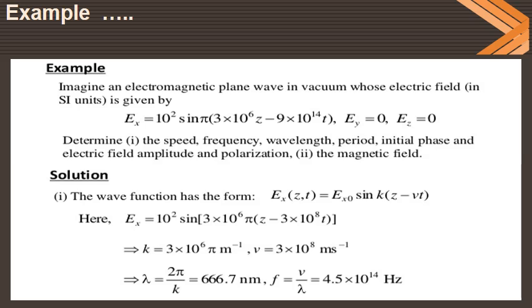If my Ex is there, then definitely Ey and Ez will be 0, the other components will be 0. If we have such an equation, we can find the speed, the frequency, the wavelength, the time period, the initial phase, the electric field amplitude, the polarization, as well as the magnetic field. All these things we can find easily.